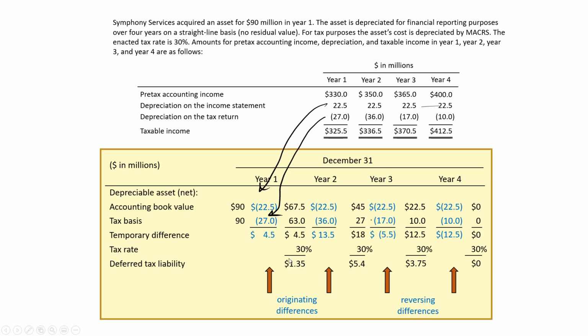It'd be 1.35 plus another, what would the difference be there? 4.05, the difference here being the 13.5 million times 30%, which is 4.05 million, and then we're using up 3.75 of it, and then we're using up the rest.